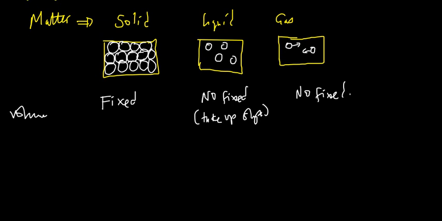So because of these properties we've talked about here, solids are going to have a high density because particles are closely packed. And then liquids are going to have a low density, gases are going to have the lowest density.